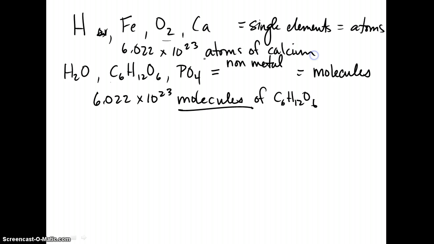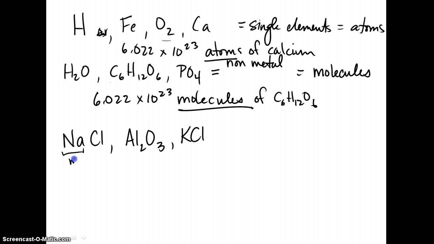So we have to look at how we're going to describe them and describe them correctly with the right terminology. Let's say you have NaCl, or what else could there be? Aluminum oxide. You might have potassium chloride. The first ones you notice are metals. Aluminum is a metal.